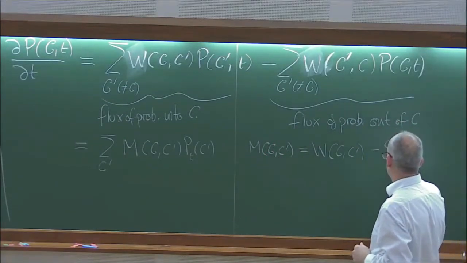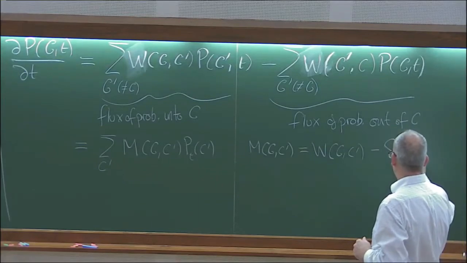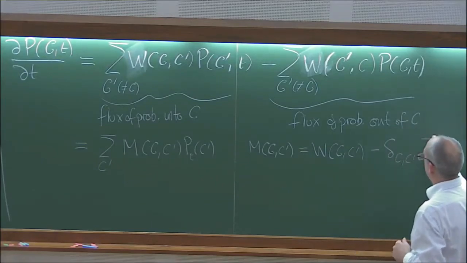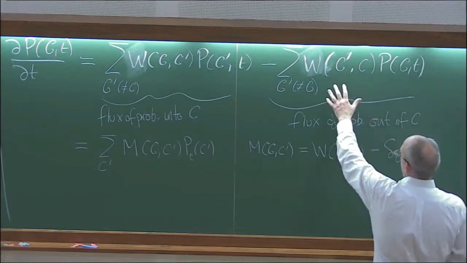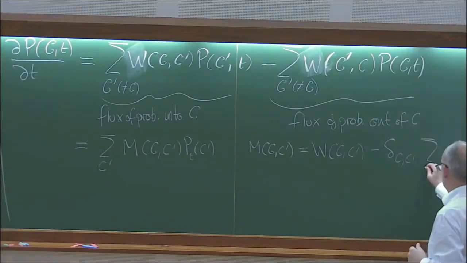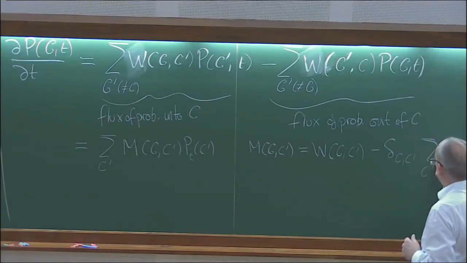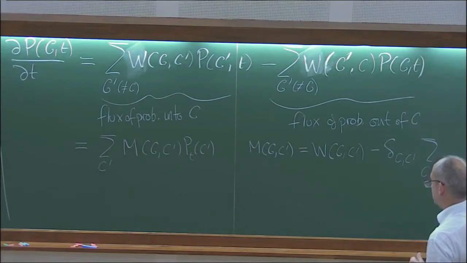So minus delta C C primed, then this stuff becomes the sum. I have to write it as the sum over C double primed.